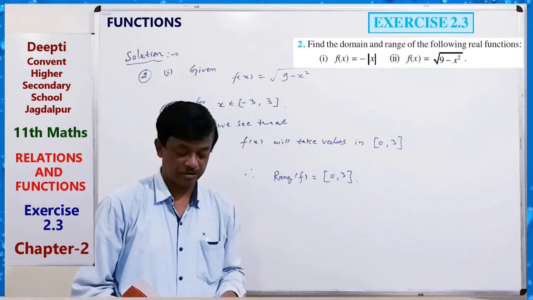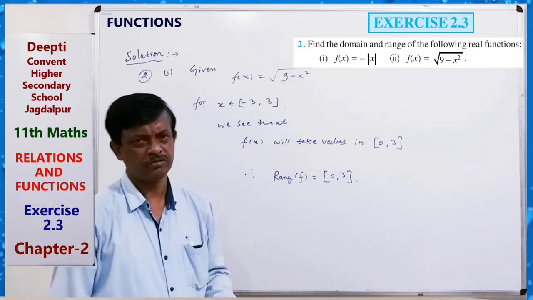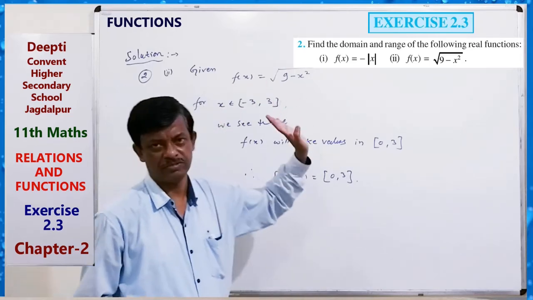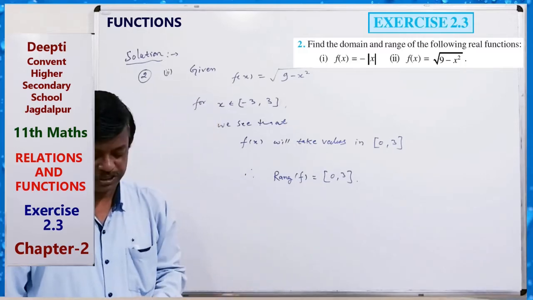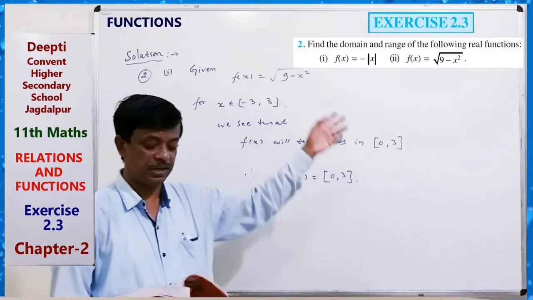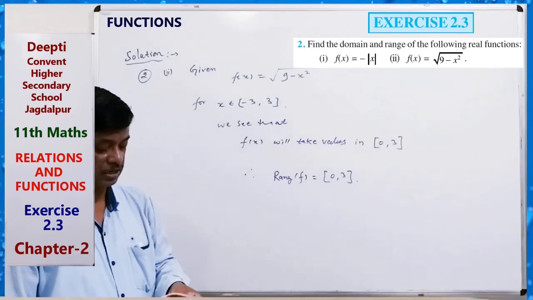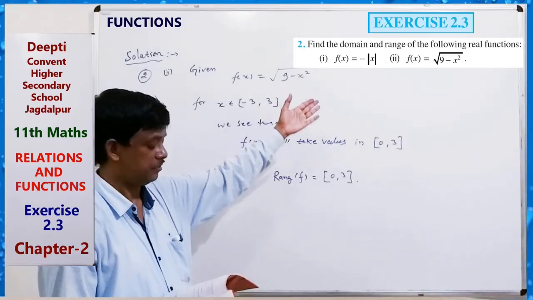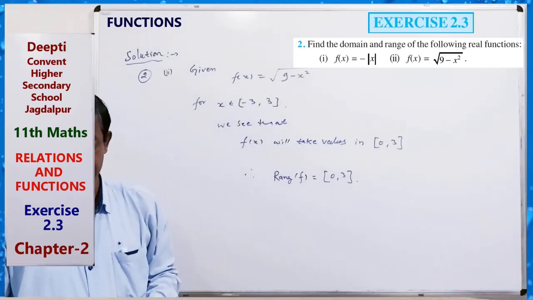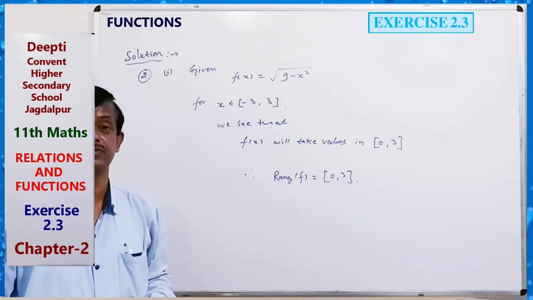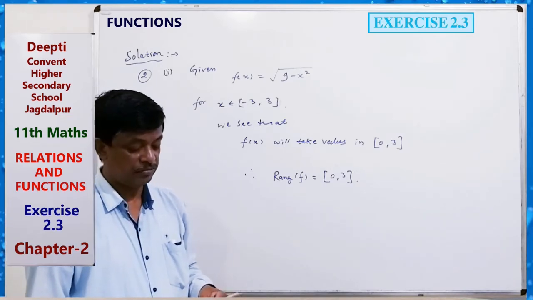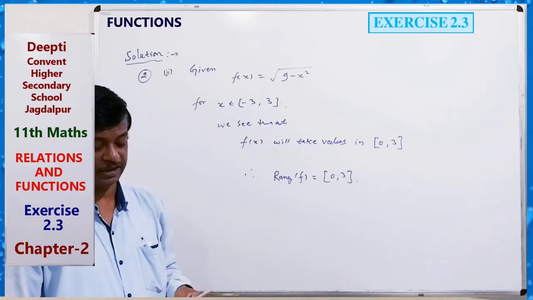Now questions third and fourth you have to do yourself. Question third: if function f is defined by f(x) equals 2x minus 5, write down the values of f(0), f(7), f(minus 3).